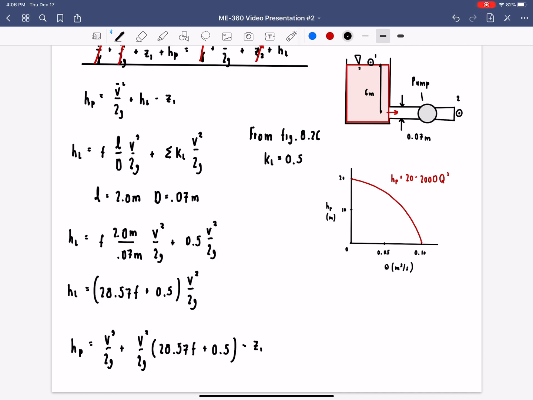And we can actually pull out another v squared over 2g. So this would be times 1 plus, in parentheses, 28.57 F plus 0.5. And we can go to the next page.